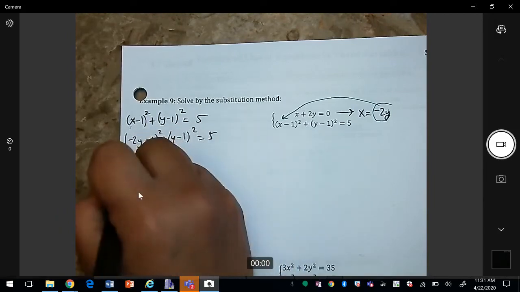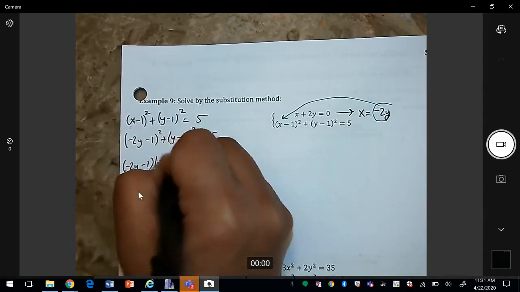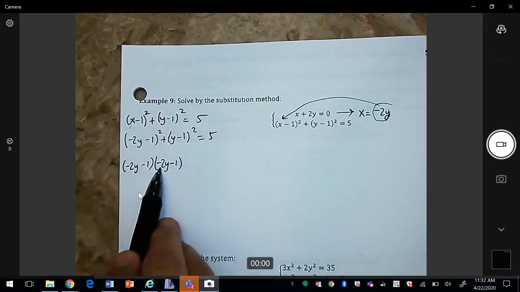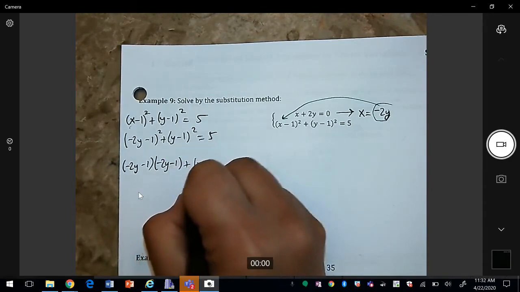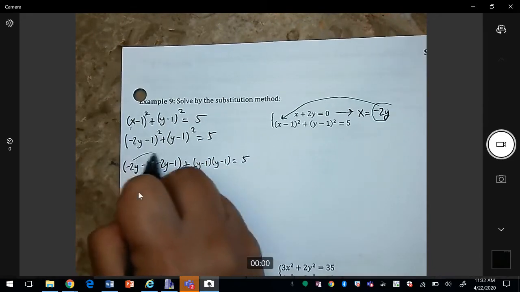We need to solve for y, so I'm going to simplify this further. (Negative 2y minus 1) squared, I can write as (negative 2y minus 1) times (negative 2y minus 1), plus (y minus 1) times (y minus 1), equal to 5.